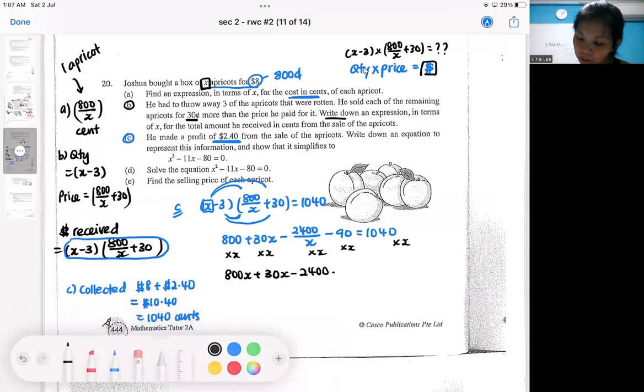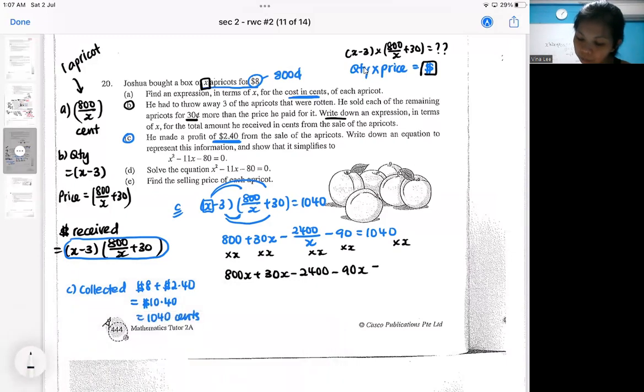This can also be one of the challenges. I think I made a careless mistake. This part should be an x squared. Then we try to organize it properly first.